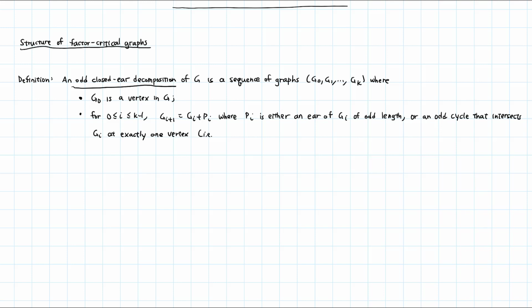In other words, the intersection of the vertices of Pi and Gi is 1. These are the closed ears. And the last graph Gk is G.